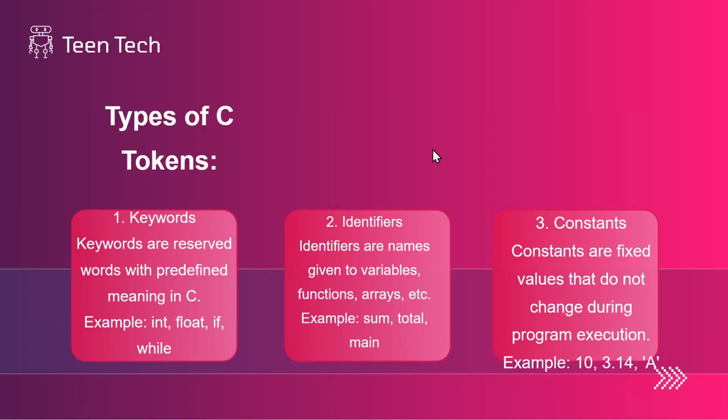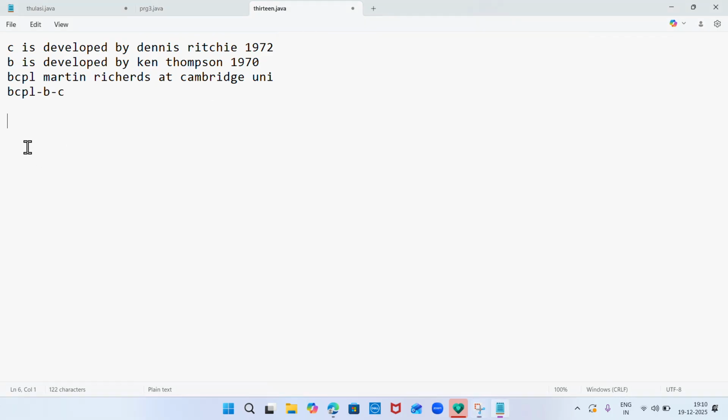Examples of keywords are int, float, if, while. Now let me tell you what these are. These keywords tell the compiler what to do: store data, make a decision, repeat a task.